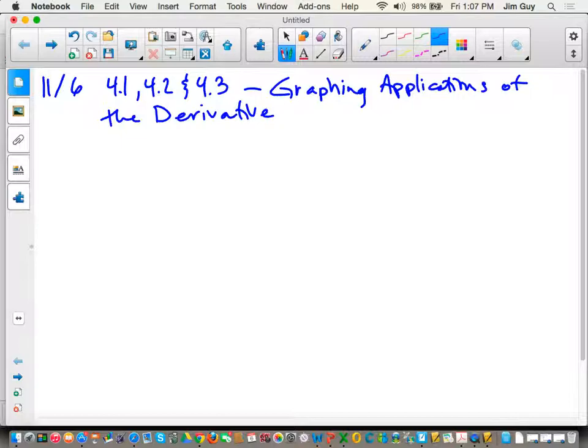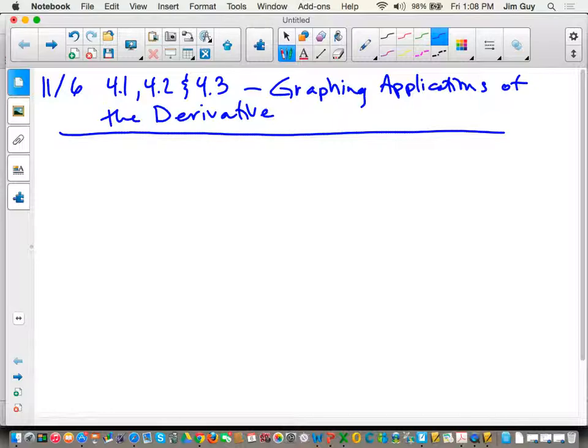So if you remember, we are in a unit on applications of derivatives. Related rates obviously is a good application of derivatives, and so this is going to be another application of derivatives, looking at how it can help you find different features of a graph of a function, or graph of a curve or equation.